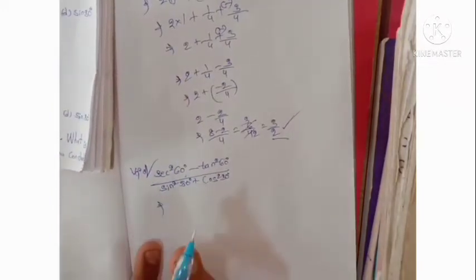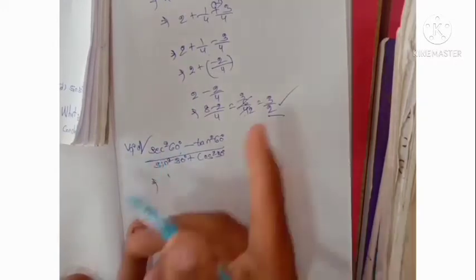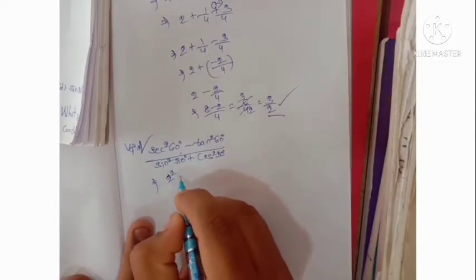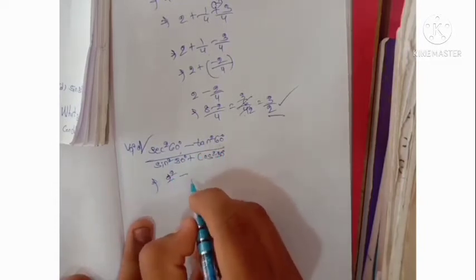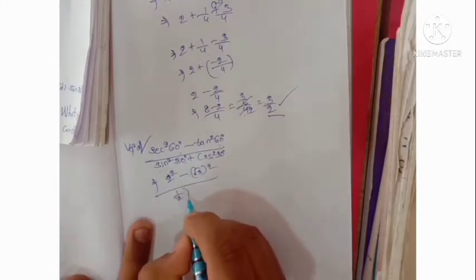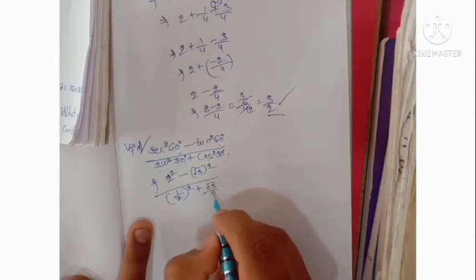Sec 60. If you don't remember sec 60, just remember cos 60. Cos 60 is 1 by 2. Then its inverse, sec 60, means 2 square minus tan square 60. Tan 60 is root 3 square, by sin 30 is 1 by 2 square plus cos 30 is root 3 by 2 whole square.